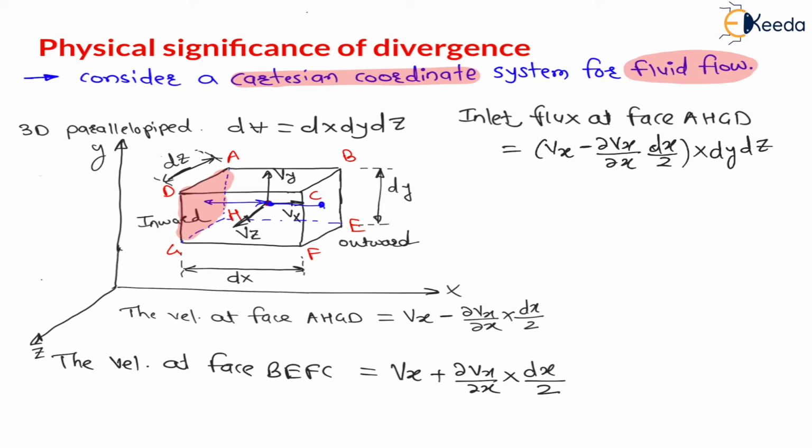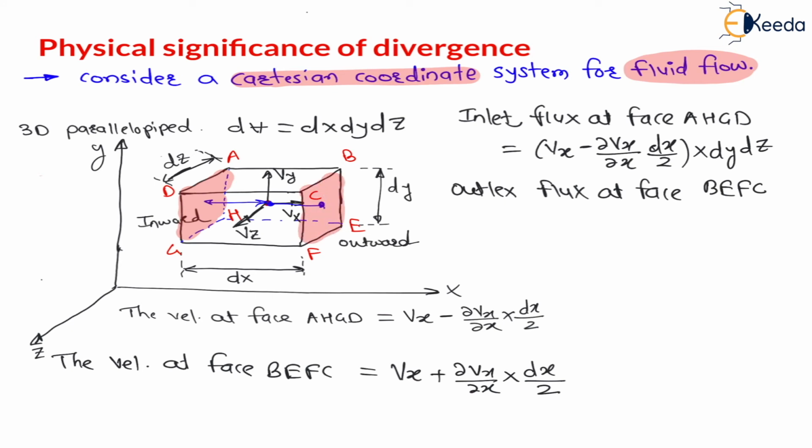Similarly, let us find outlet flux, also called exit or outward flux, at phase BEFC. Let me highlight this area. See, this is the area.